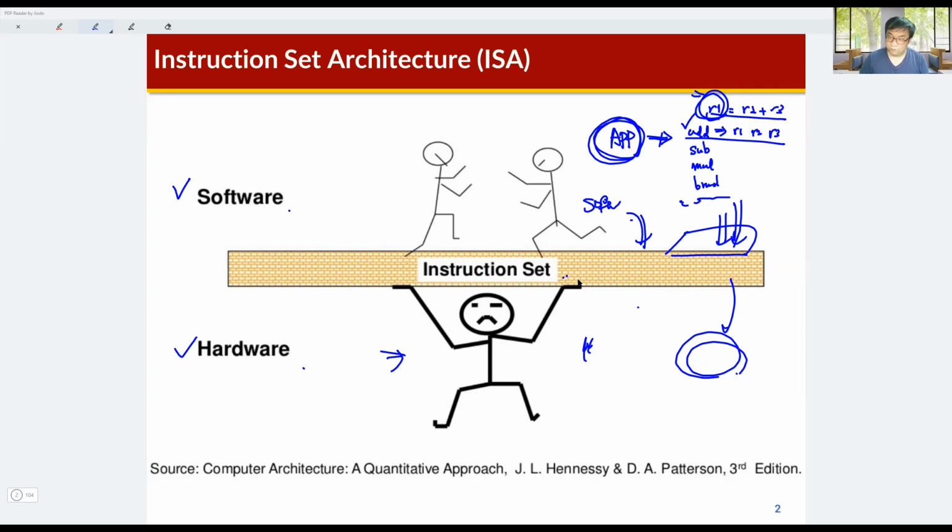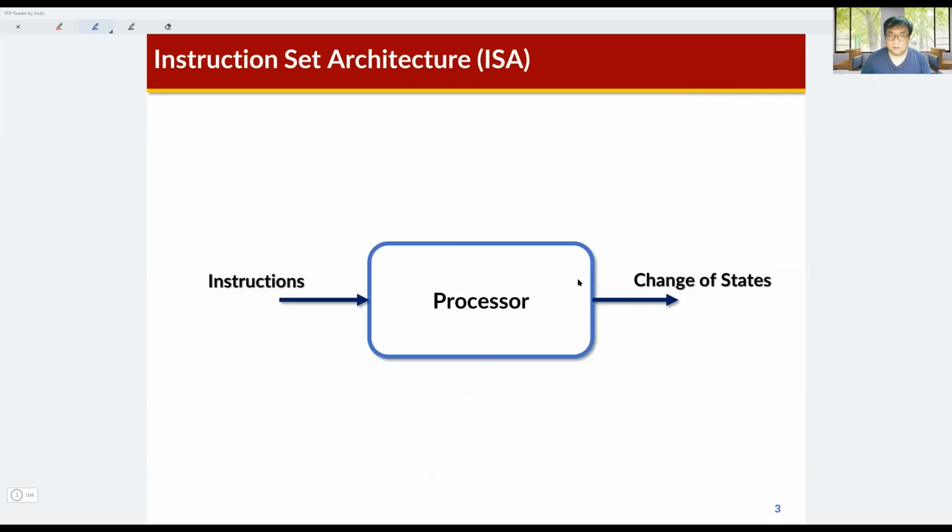So this video explains the relation between software, hardware, and instruction set architecture. And then I will explain the relation of instruction and computer hardware.